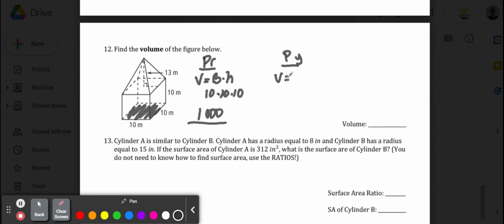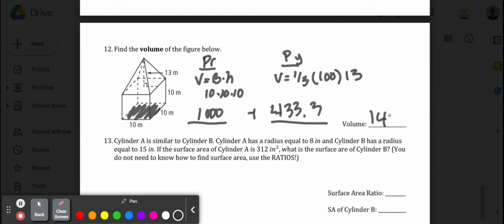So it's going to be volume equals 1/3 big B, which is the 100 value, and height 13. So 100 times 13 divided by 3 is about 433.3 repeating. Add those together and you get 1,433.3 repeating cubic meters.